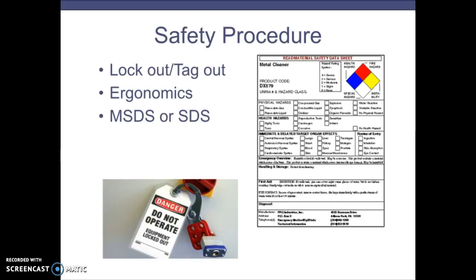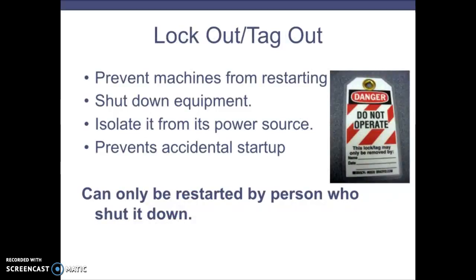Safety procedures that we'll talk about are also SDS sheets. We have talked about ergonomics and we've talked about lockout tagout. Lockout tagout also prevents machines from restarting. It isolates the machine from the power source and prevents accidental startups. So what this means is if you have your hands in a machine, it does not allow the machine to work until your hands are in the correct location.